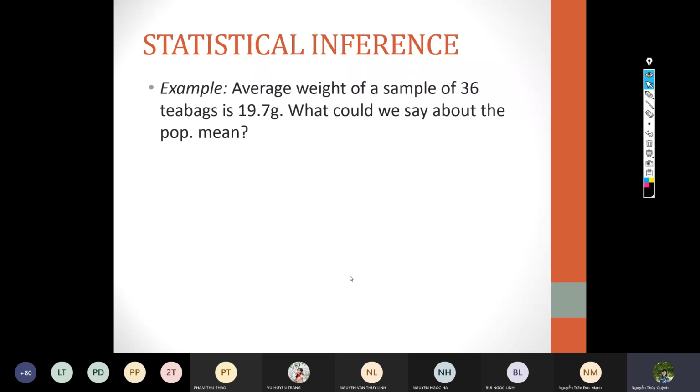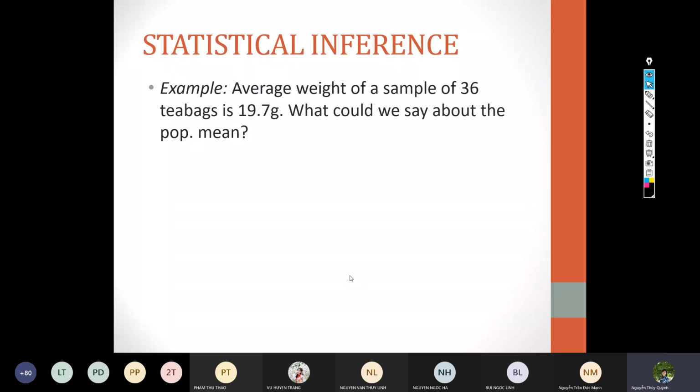The sample mean is 19.7 grams. So from the sample statistic, what can we say about the population mean, which is the average weight of all the tea bags manufactured by the company? What can we say about it?